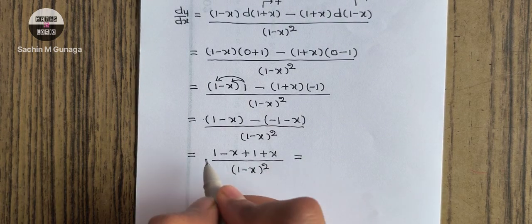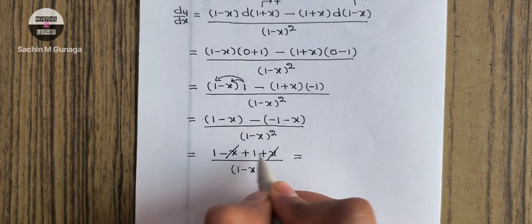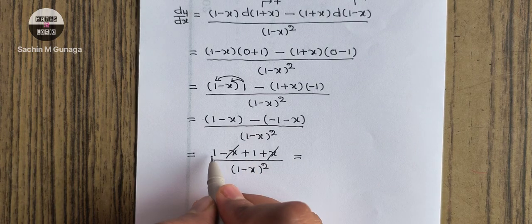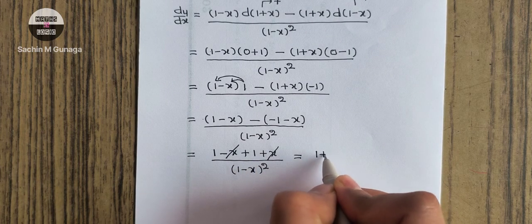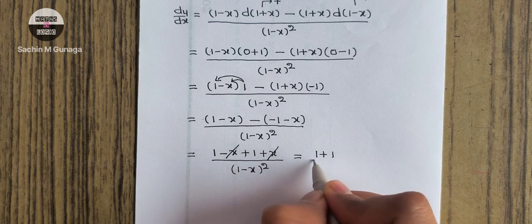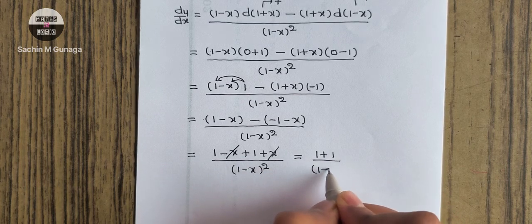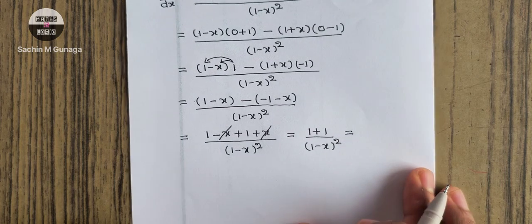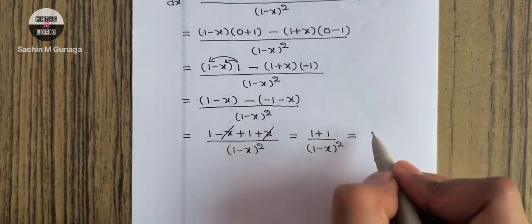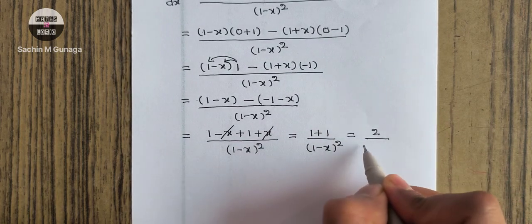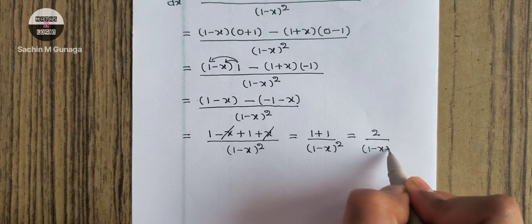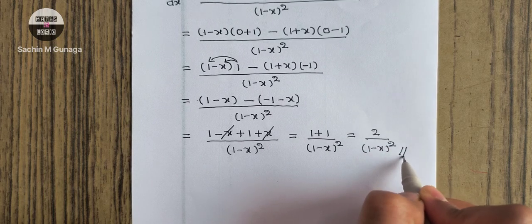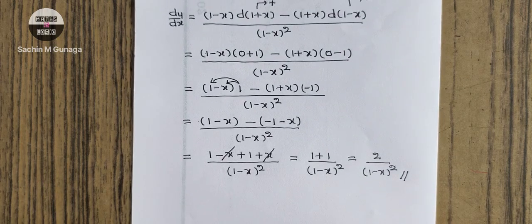So which is equals to, here plus x and minus x get cancelled, therefore what is the remaining value, 1 plus 1 divided by (1 minus x) whole bracket square. So which is equals to 1 plus 1 is how much, 2, divided by (1 minus x) whole bracket square. So this is the final answer.